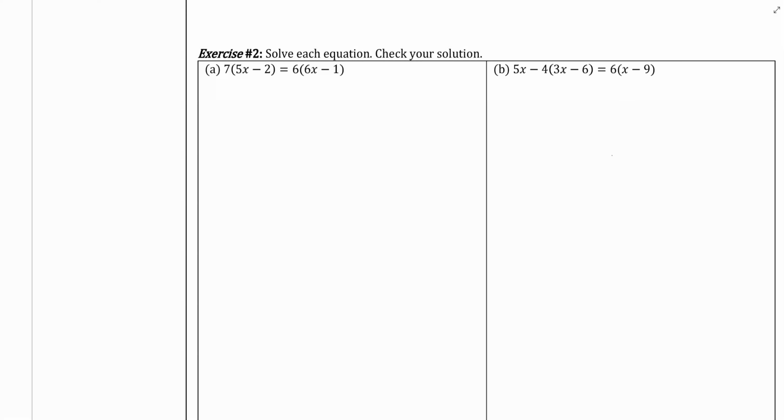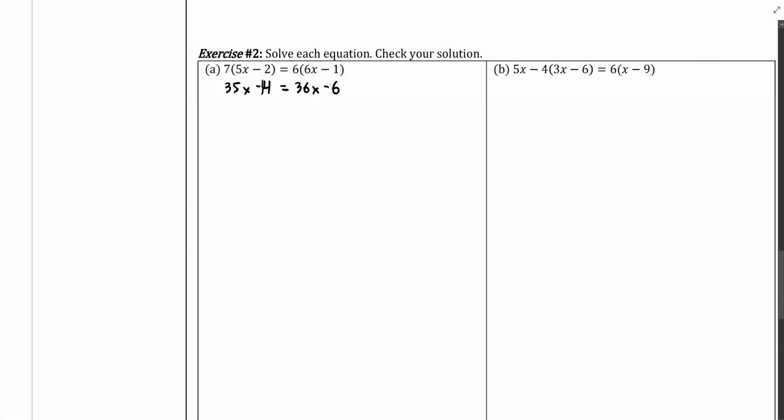So 7 times 5x is 35x. And 7 times negative 2 is negative 14 on the left-hand side. And on the right-hand side, we have 6 times 6x is 36x. And 6 times negative 1 is negative 6.